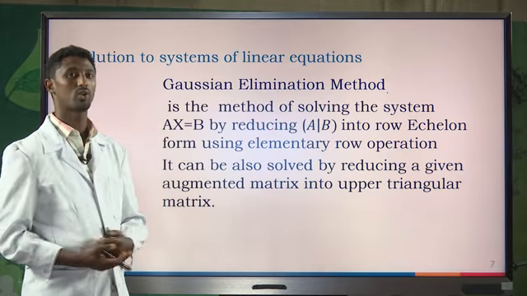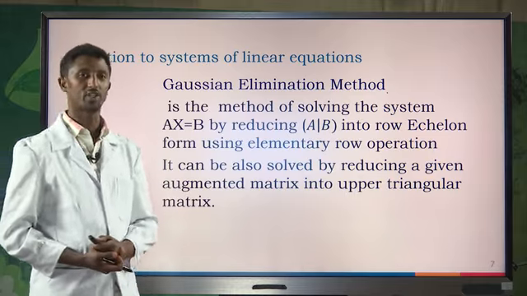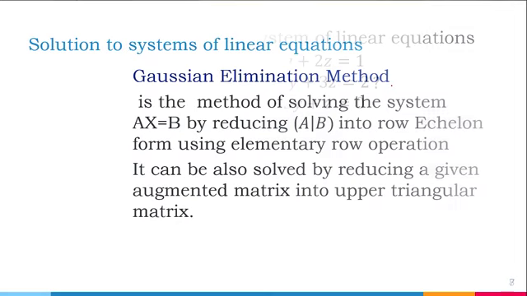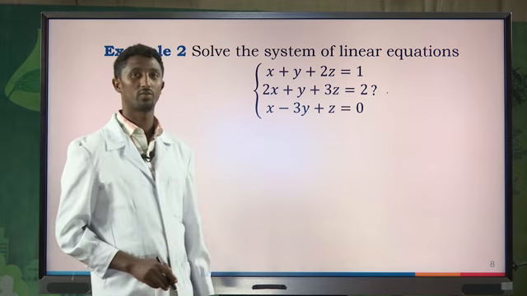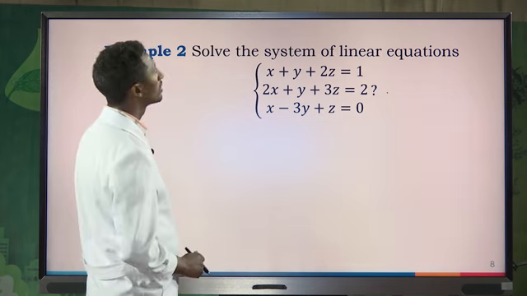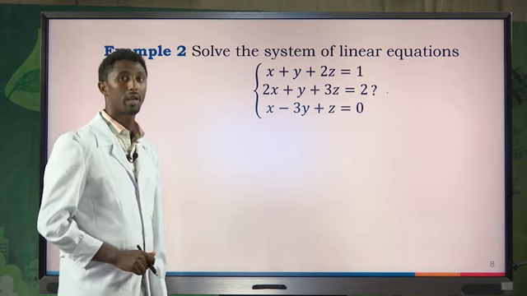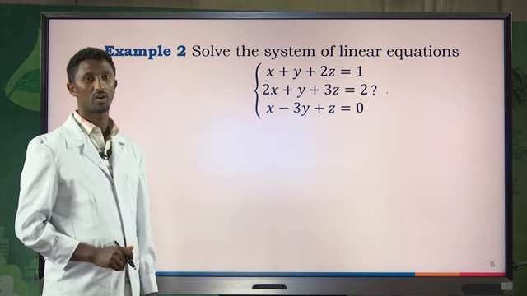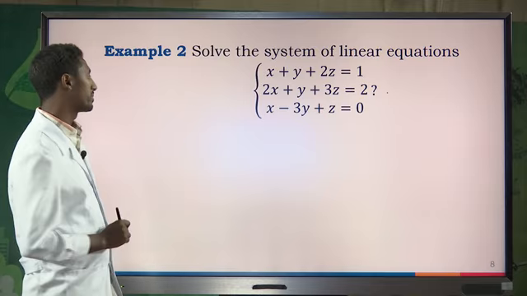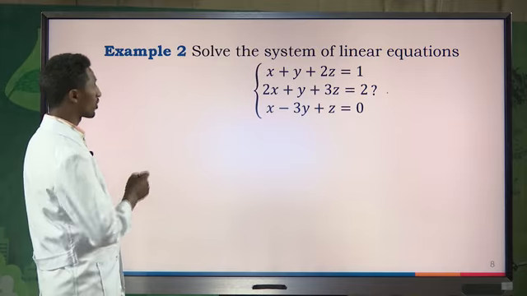We'll try to apply row operations to solve a system of linear equations by the Gauss elimination method. Now we have this example: solve this system of linear equations by applying elementary row operations. To solve this, we need only the augmented matrix. What is the augmented matrix?